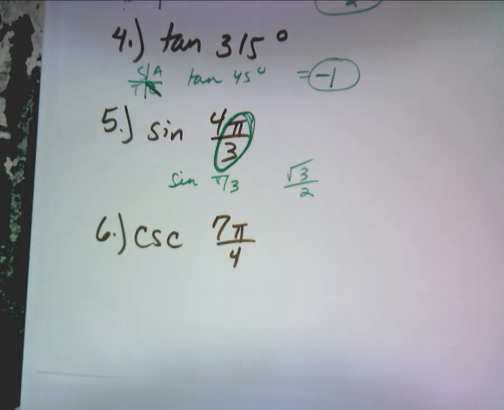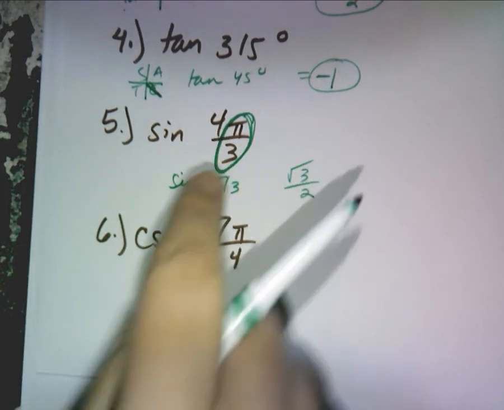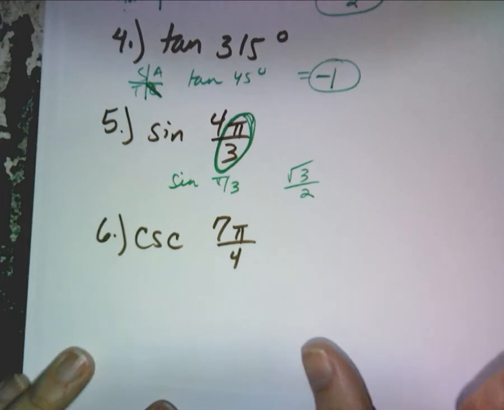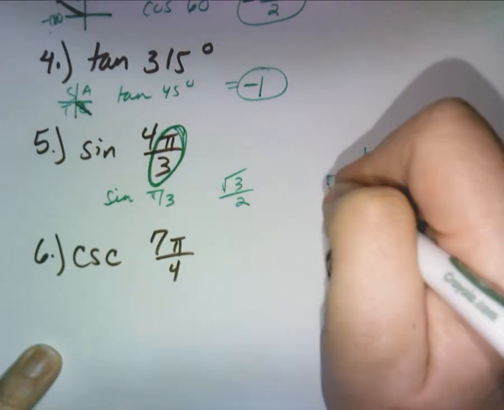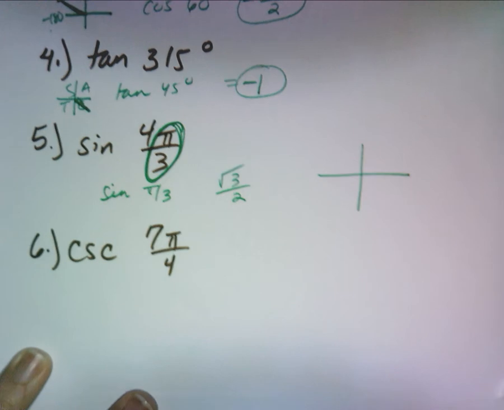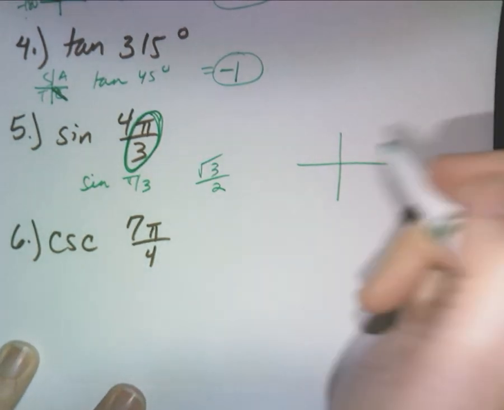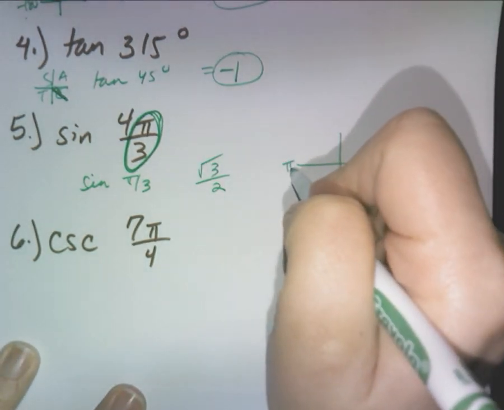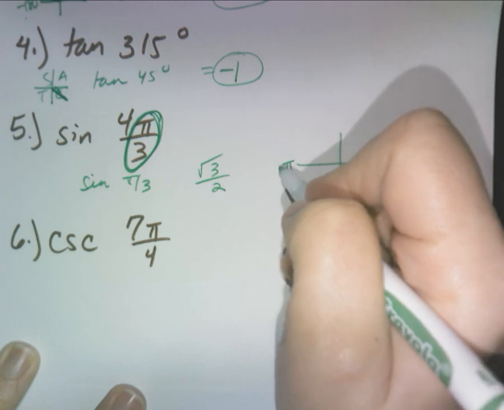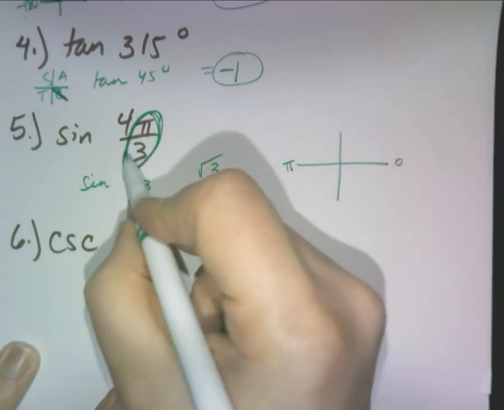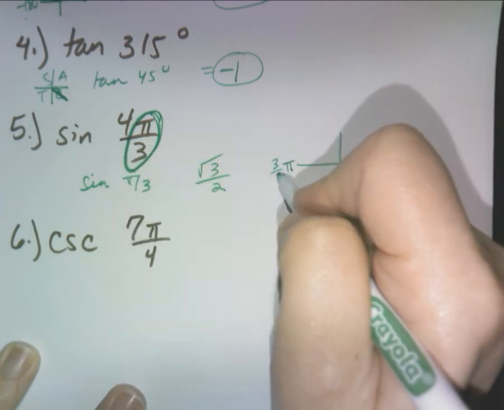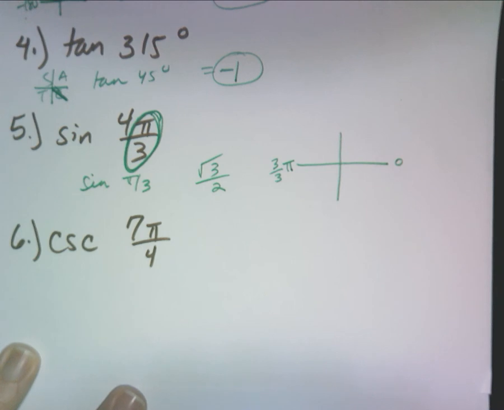But here's your problem. You need to know where 4 pi over 3 exists. So here's how I do it. I call this 0. I call this pi. If this is 1 pi and I have a denominator of 3, then I'm going to call it 3 pi over 3. Do you agree to that?